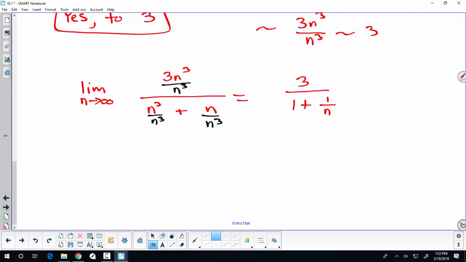Here we've got 1 over n squared as n approaches infinity, so this term goes to 0, which gives us 3 over 1, or 3. With rational functions, it's easiest to look at the leading term over the leading term and simplify. With some of these, L'Hopital's rule could show up too. So we would say this converges to 3 from the limit itself. If you're unsure, compute 5 more terms and see what those look like.